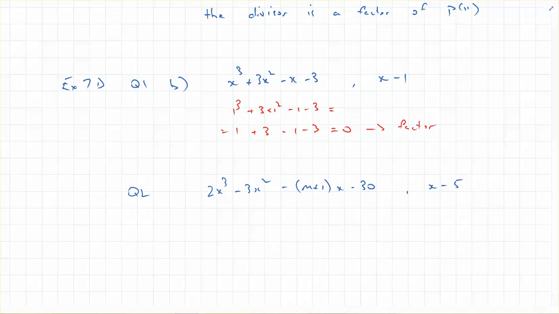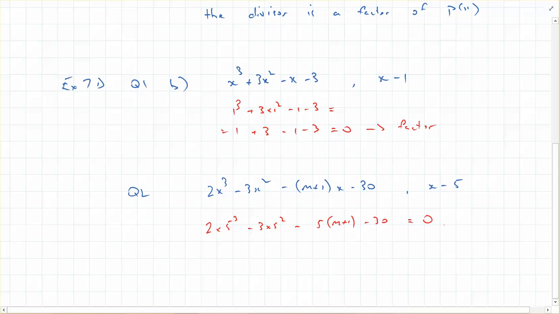That means the remainder, when I sub 5 in, will be 0. So 2 times 5 cubed minus 3 times 5 squared minus 5(m plus 1) minus 30. That all has to equal 0. 5 cubed is 125, so that's 250. 5 squared is 25, so that's 75. Minus 5m minus 5 minus 30 equals 0.